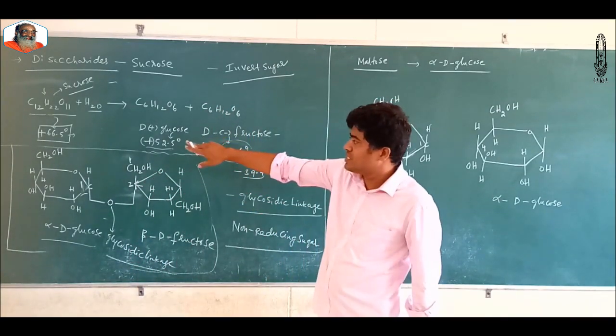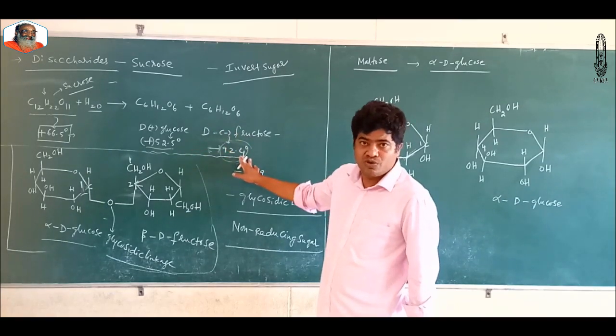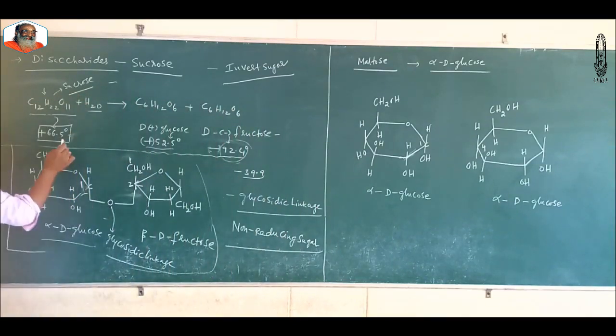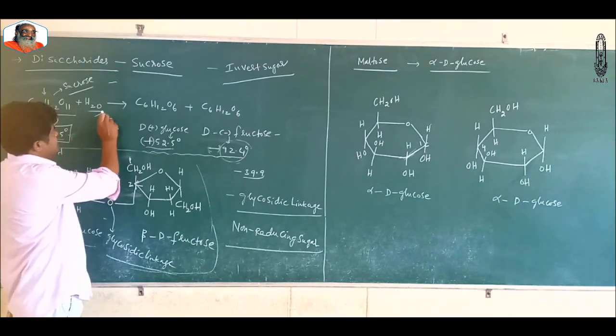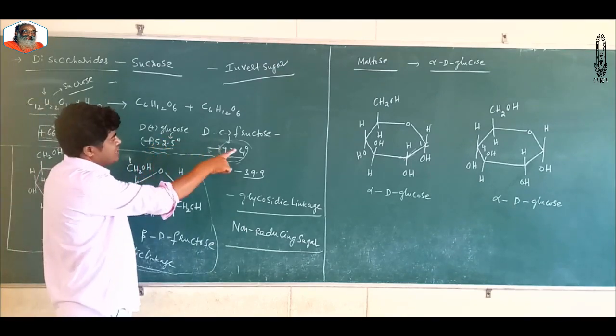The dextrorotatory nature of sucrose is changed to levorotatory, which I have earlier discussed. See what the dextrorotation is: by what degree it rotates the plane polarized light towards the right side, that is plus 66.5 degree. Here, when this is hydrolyzed, that is on reacting with water molecule, you are getting D glucose and D minus fructose.